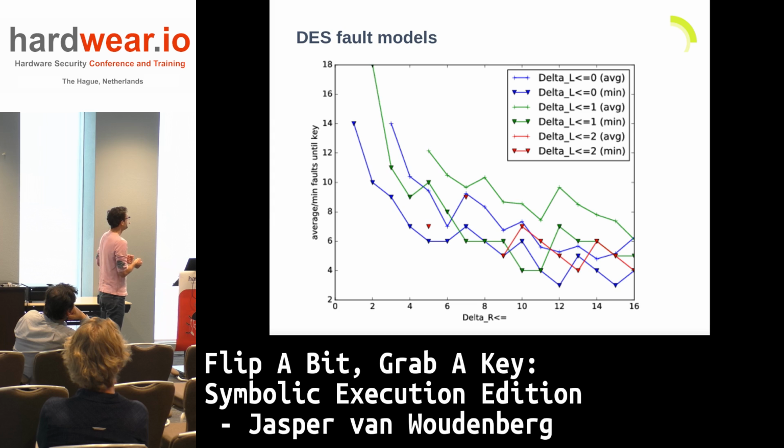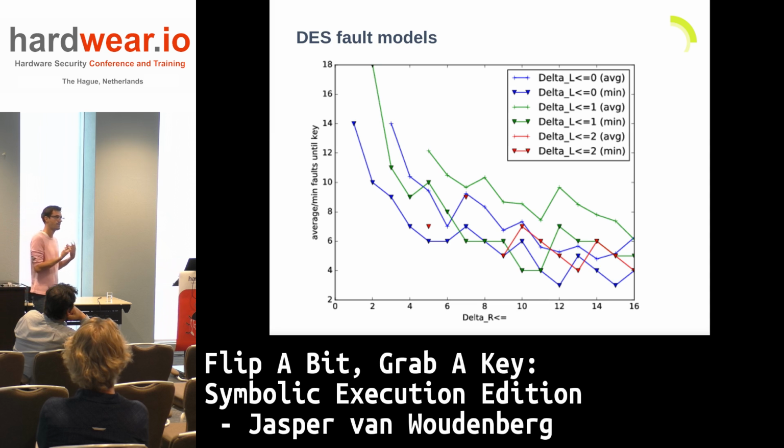And what you see is if you flip 1 bit on the right, it takes about 14 faults to actually get the key out. But at the optimum here at 16 bit flips, on average it's about 5 to 6 faults to get the full key out. What we also notice, which is logical if you think about it, is that if we increase the faults on the left-hand side, it actually doesn't help us.